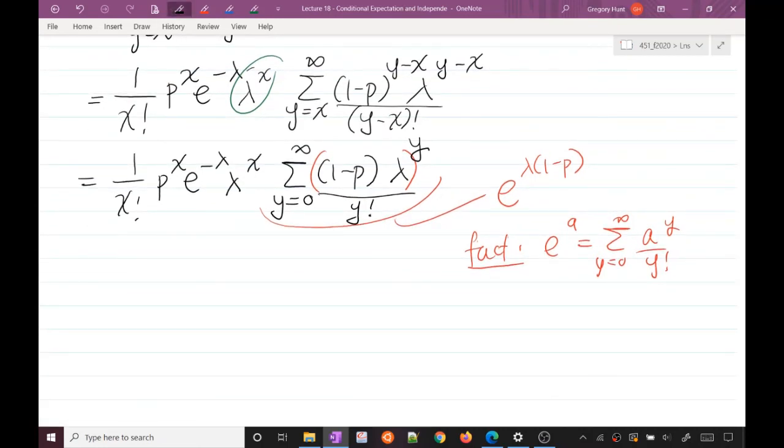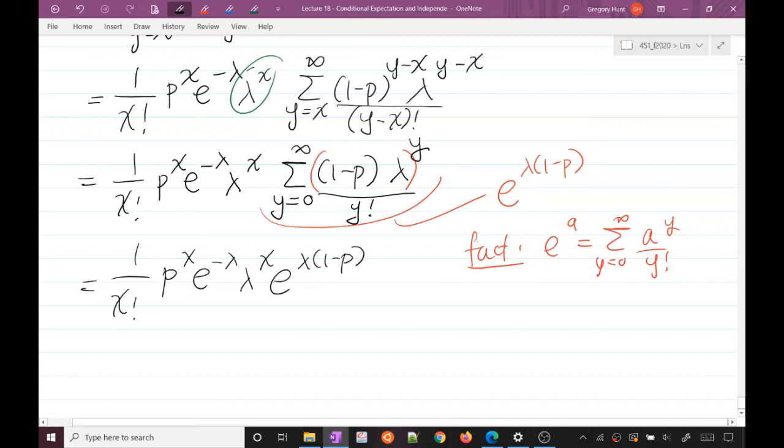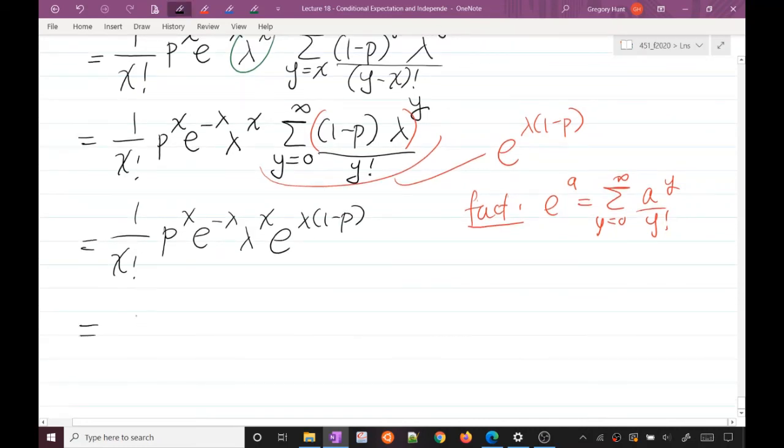So this whole thing simplifies. I have an x factorial in the basement. I have p to the x, e to the negative lambda. I have a lambda to the x, and then I have an e to the lambda times 1 minus p. And we actually get some simplifications. We can pull out a p and a lambda to the x power.